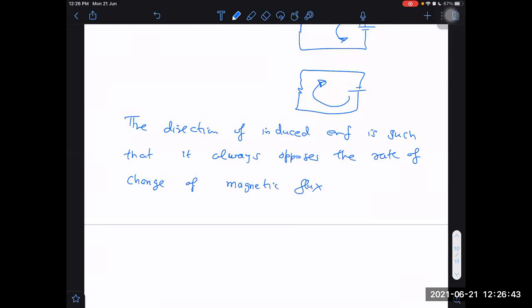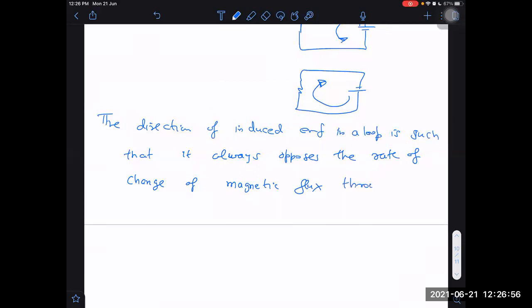Direction of EMF induced in a loop is such that it always opposes the rate of change of magnetic flux through the loop.